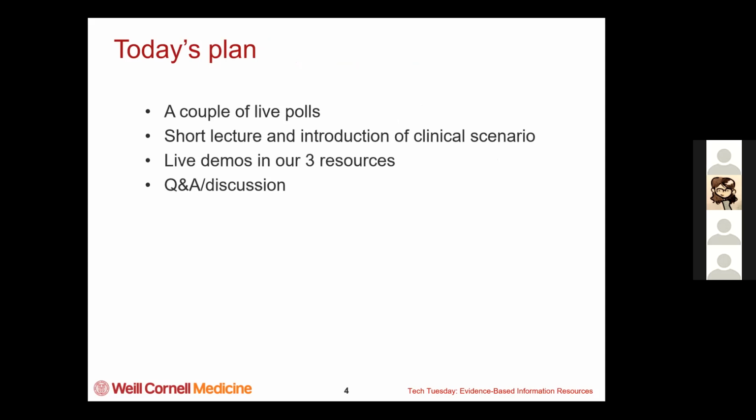We'll work through a patient case together as an example and come up with a clinical question for that scenario. Then we'll switch to live demo, searching for evidence to answer a question in 3 different resources. And we'll allow plenty of time to take your questions and let each of you share the perspective and expertise that you've gained from your own experience caring for patients.